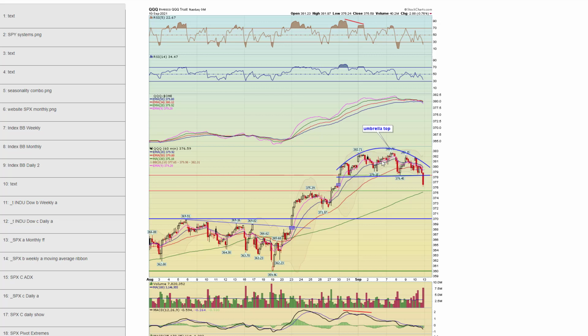And just measuring this pattern, you could see this would measure lower. Okay, if you just take the height of this pattern, subtract it to here, which I didn't, but probably measure down into this range. But either way, your first support is right down here around this 375 area. And in longer term, this 370. So this is probably a target over time. This still looks quite bearish here, guys. Next.